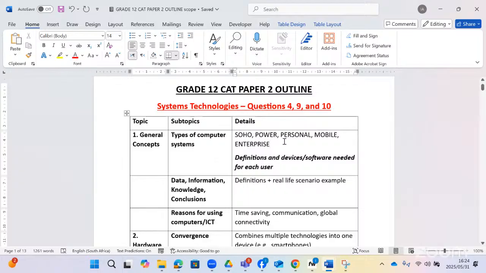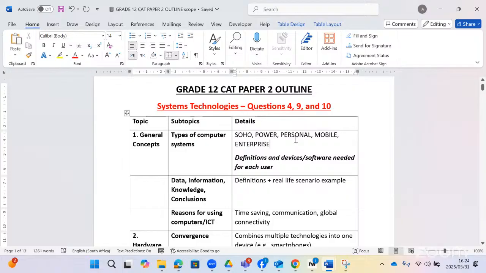Then we also have the power user, someone who needs high-powered computers, like the gamers and others. So those people are the power users. So they need a high specification. And then the mobile user and enterprise users. So you have to talk about that. You must know them.